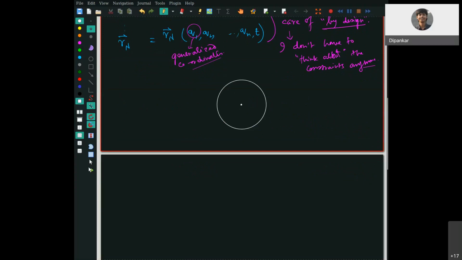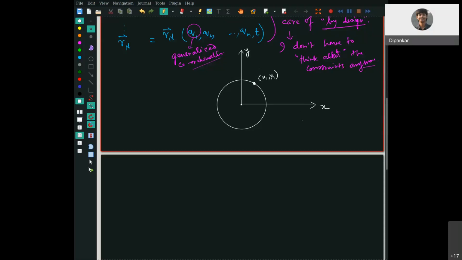This is a circular ring on which a particle is constrained to move. Let's say the particle is somewhere here. I call its coordinate, say, x1, y1.